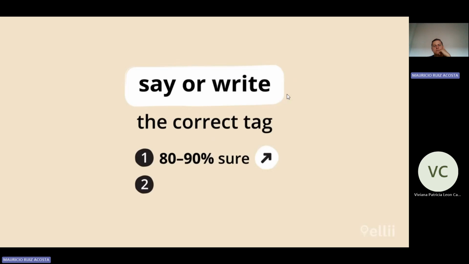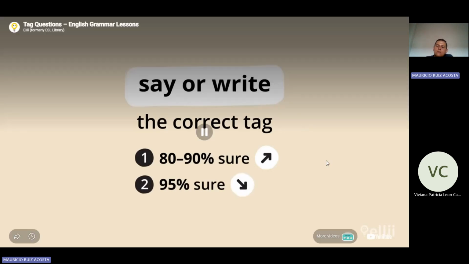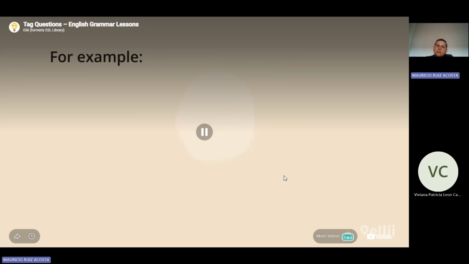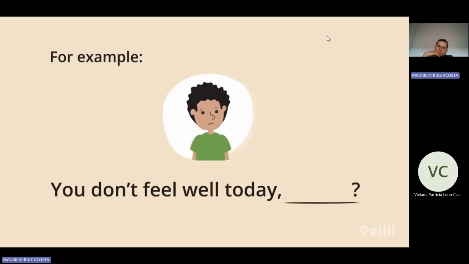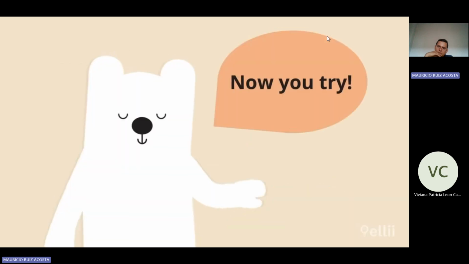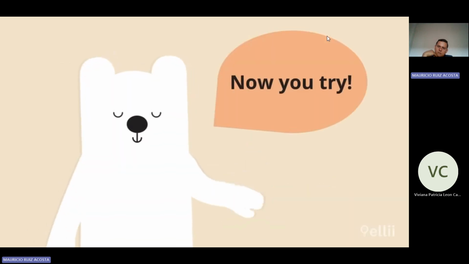Then, imagine you are 95% sure that someone will agree with you and use falling intonation. For example, "You don't feel well today, do you?" Now you try.